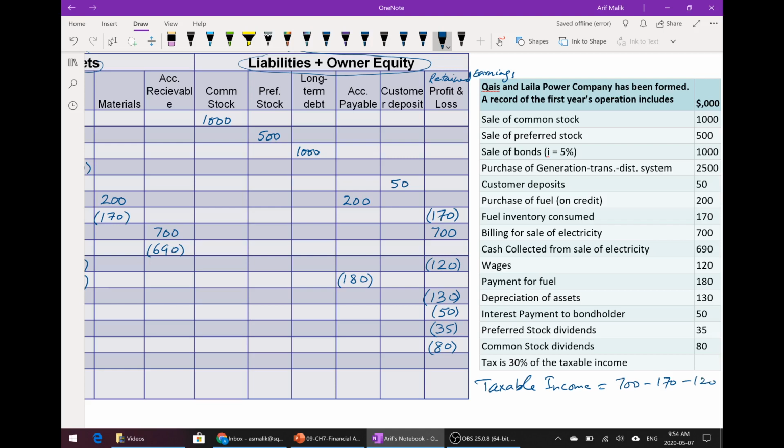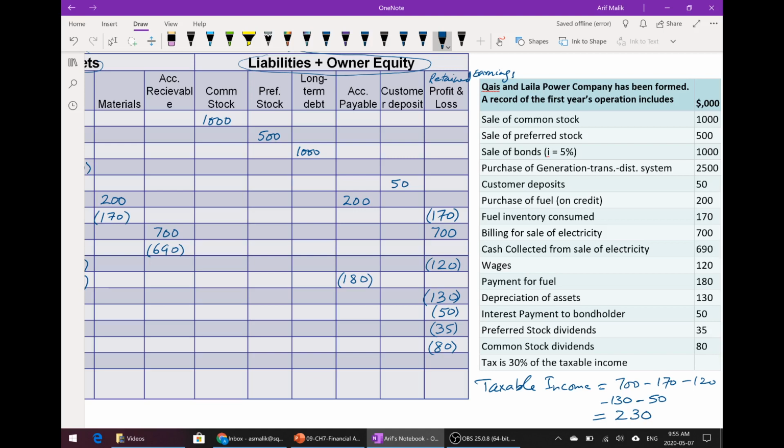Okay, then minus 130 is depreciation here, and then we have interest. Then after paying the interest it becomes taxable income, so we have minus 50 also. So this total becomes taxable income equal to 230.